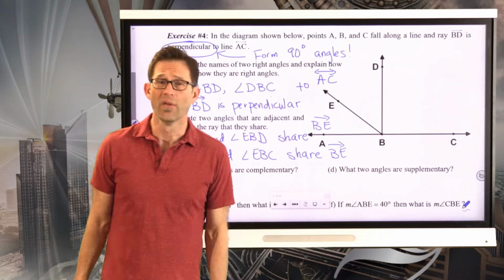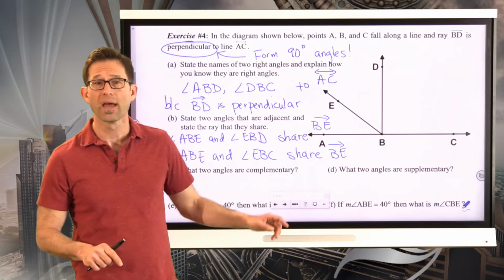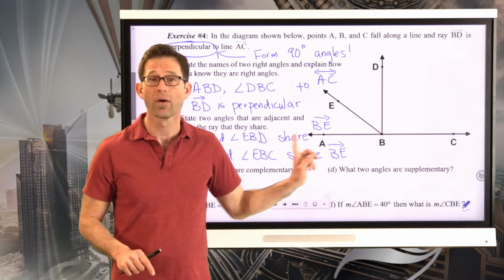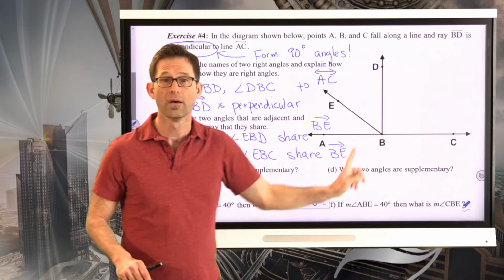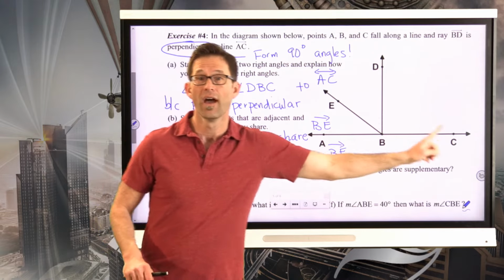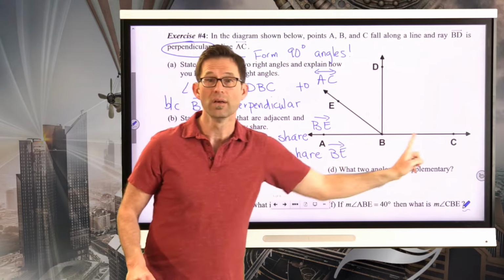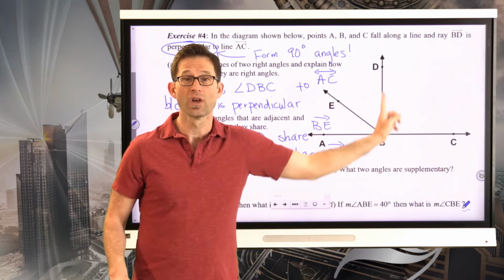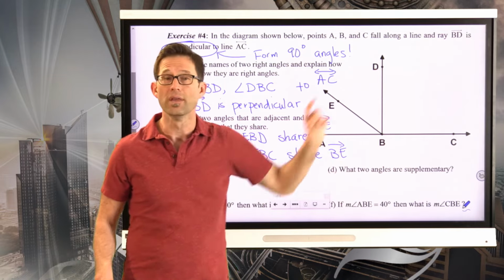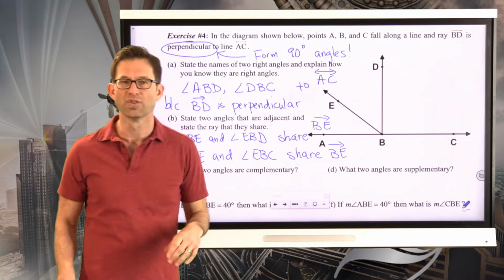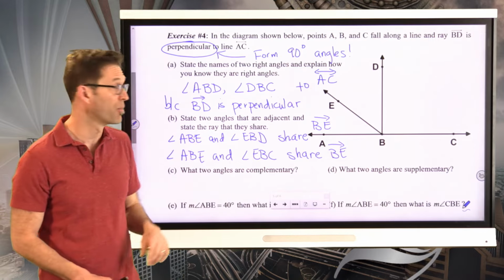We wouldn't be done there though. There is actually one more pair of adjacent angles, and those would be angle ABD and angle DBC, right? And they share ray BD. But I'm gonna leave that one out just because we've pretty much filled up all the space.